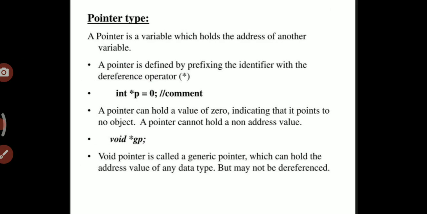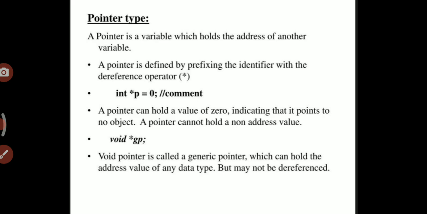Pointer type. A pointer is a variable which holds the address of another variable. A pointer is defined by prefixing the identifier with the dereference operator. A pointer can hold a value of 0, indicating that it points to no object.